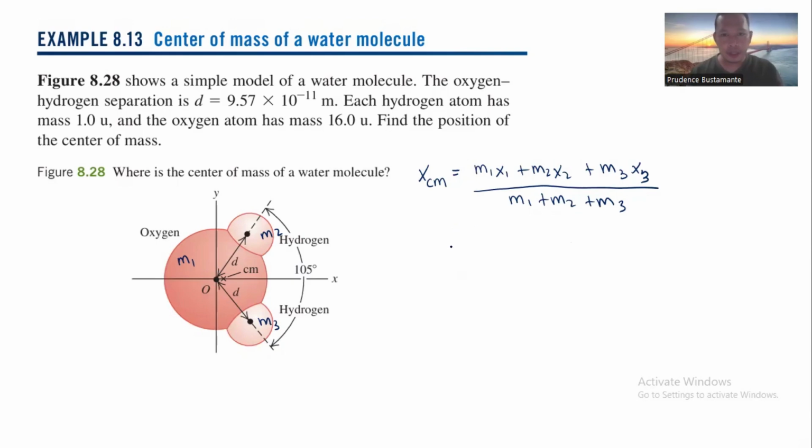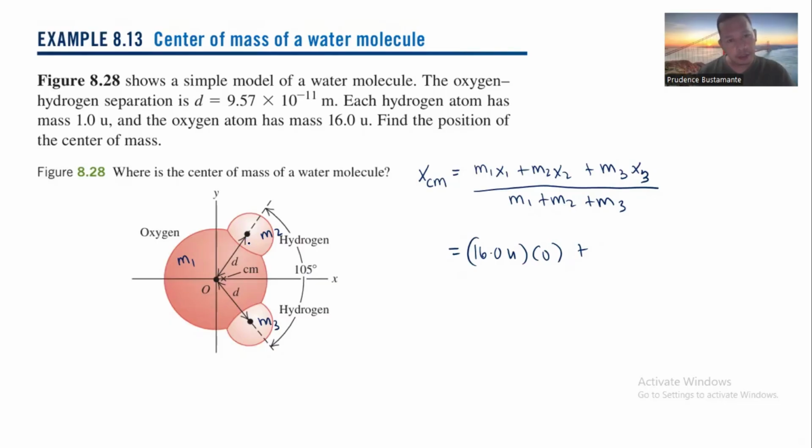So the positions of M1, for example, the mass M1 is the oxygen with atomic mass of 16 u. Then we have 16 times the position, which is in the coordinate 0, plus the position of M2.